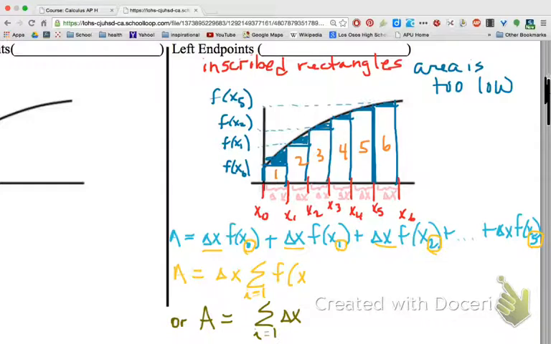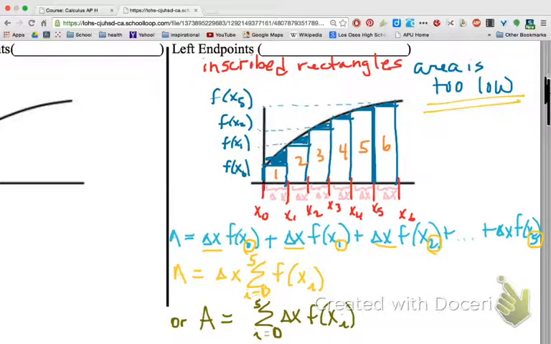I'd like it to start at 0, right? And then I can call it i. And same thing here. And I notice that it goes all the way to 5. So where the circumscribed rectangles went from 1 to 6, the left endpoints, or the inscribed rectangles, go from 0 to 5. And remember, this one is going to give me an answer that's a little too low.